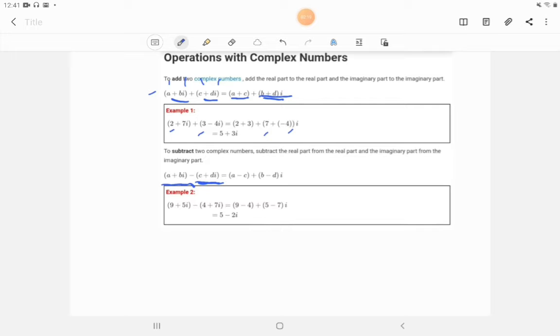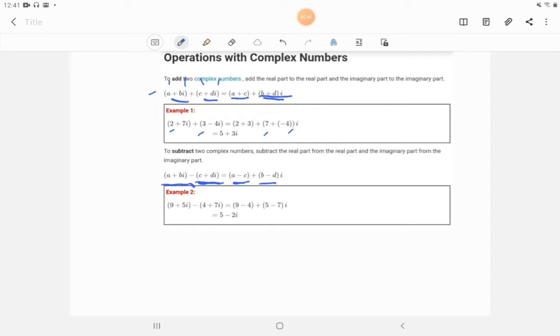So we have a minus c, and that is for the real part, and the imaginary part is b minus d, and then we simply factor out i, so b minus d i.